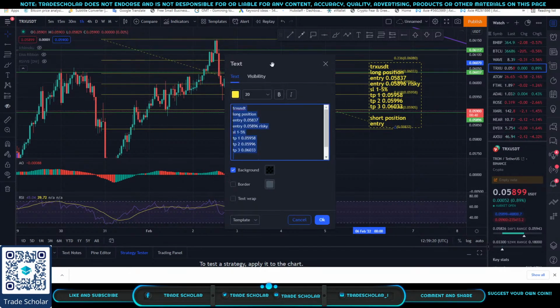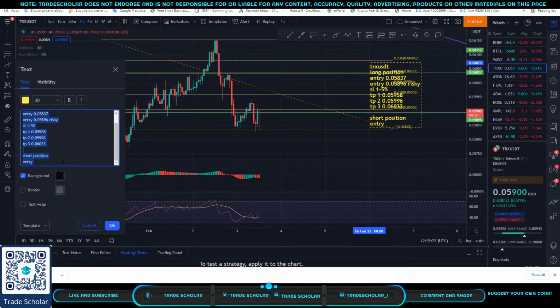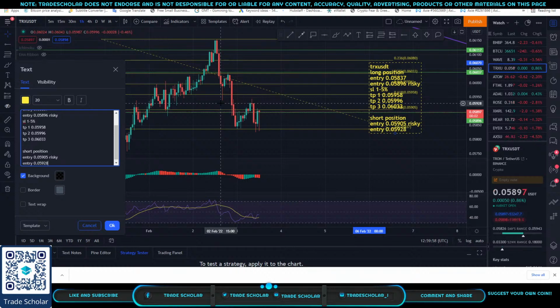We're still open for a short position. Entry will be 0.055. One is risky, another entry is safe, 0.0592.